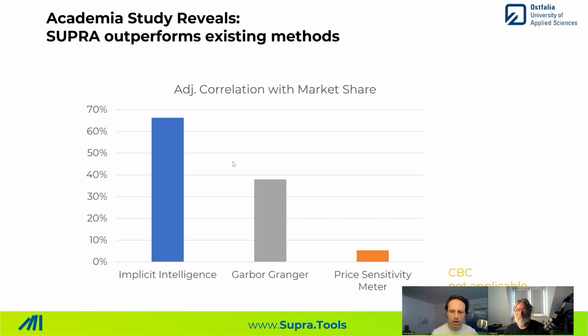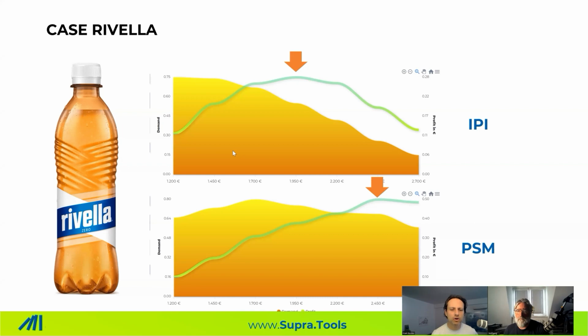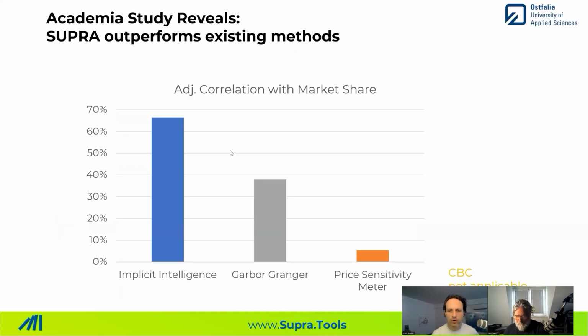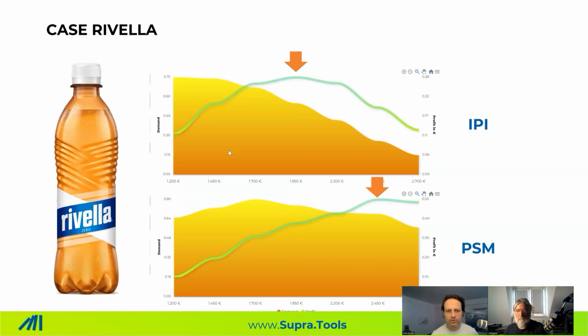There are more indicators for that, but basically, on the top you see the price demand function in orange for a new Rivella soft drink, and the price profit function is the green one, and the optimal price is at 195.